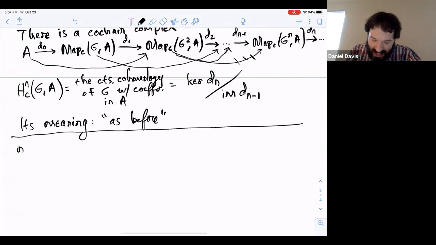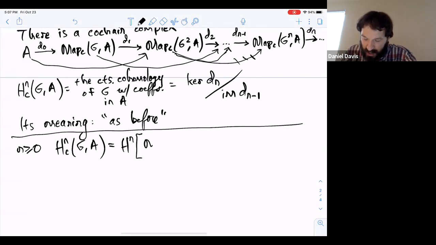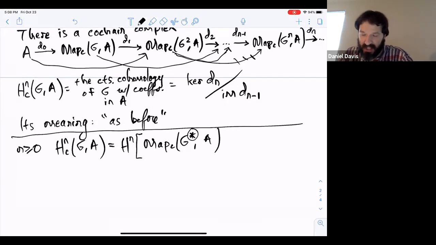Let n be greater than or equal to 0, and let's look at H^n_c of G comma A. We can write this as the nth cohomology of the above cochain complex, but let's write it like this, ranging over 0, 1, 2, 3, etc. Let's close this up. So we're taking the nth cohomology of this cochain complex.